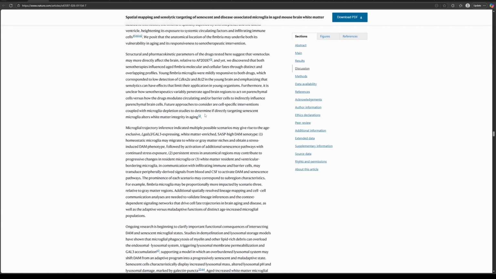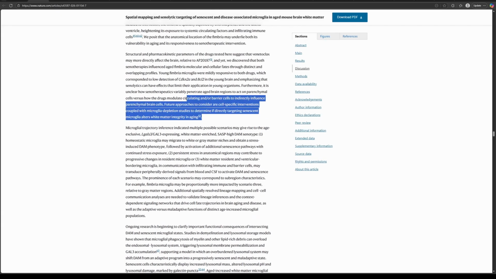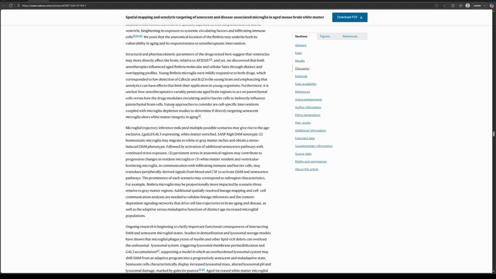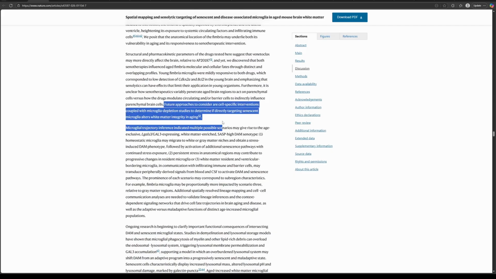So they also need to be careful that using these senolytics does not somehow directly affect the integrity of white matter as you age. They do not know currently the full effect of how these senolytics affect the cells in your body. So they know that it has a negative effect on senescent cells, which is good because you want to get rid of those senescent inflammation causing cells, disease causing cells.